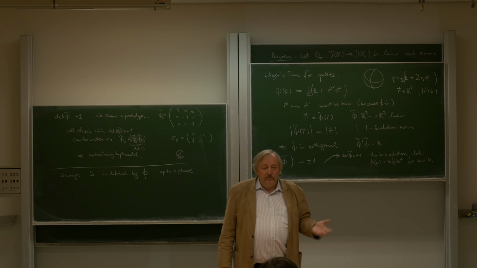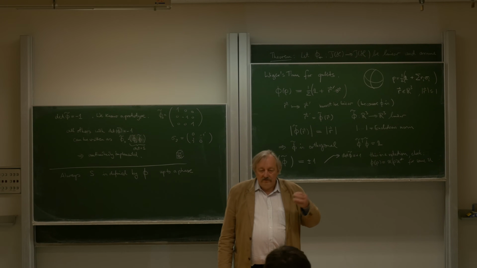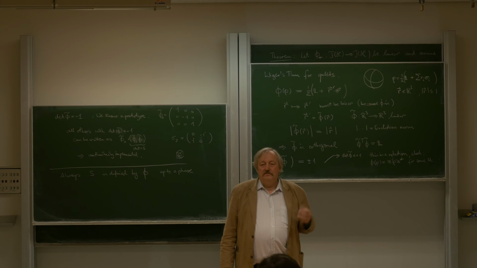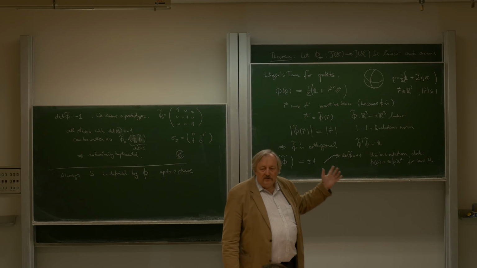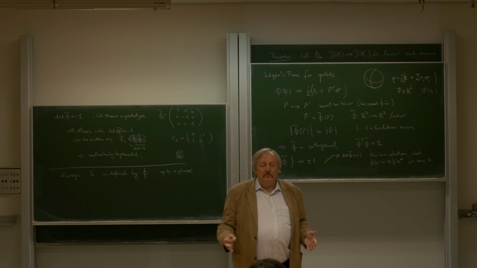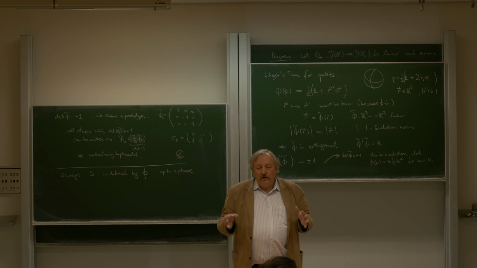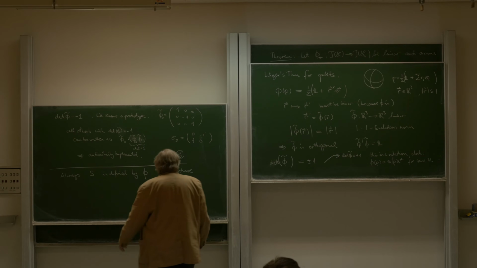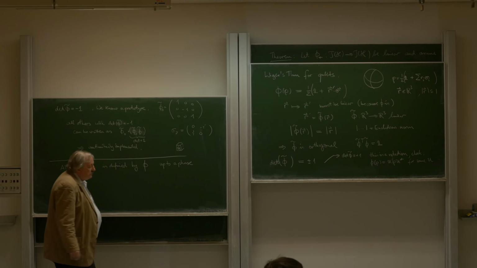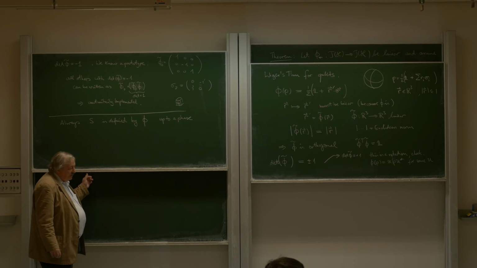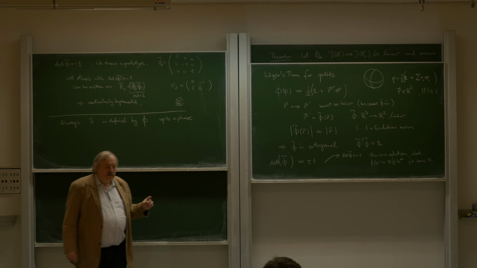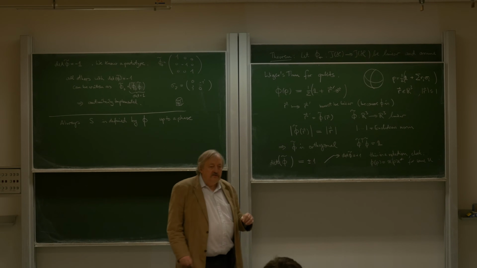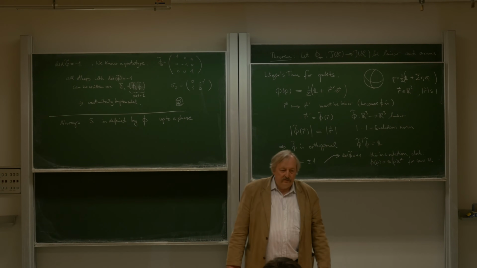Operators that commute with all other operators have to be multiples of the identity, and therefore this free phase is clearly the kind of non-uniqueness that you have, and it is also all the non-uniqueness.